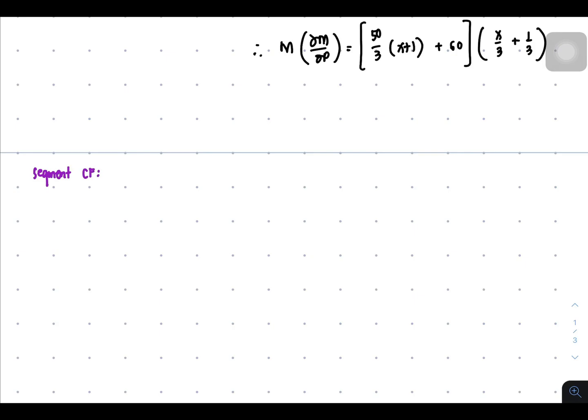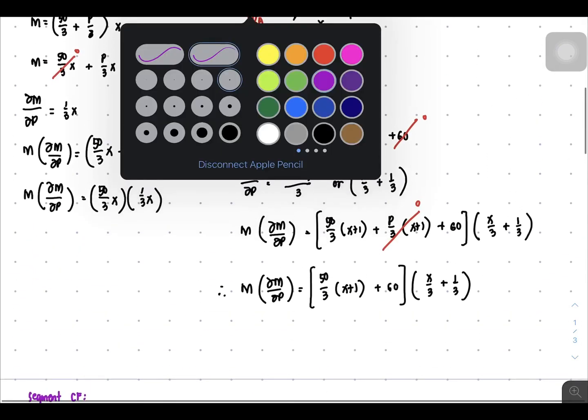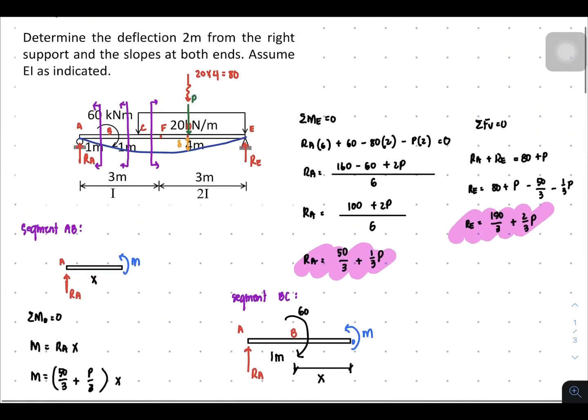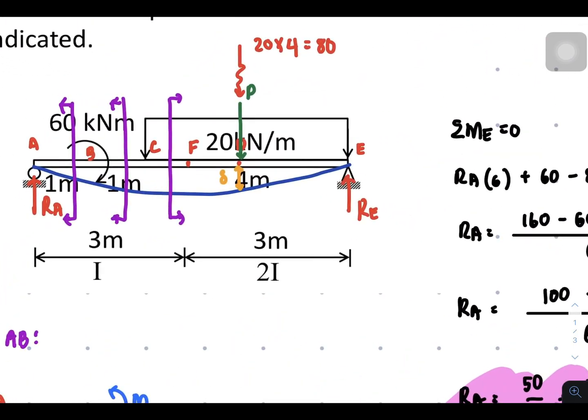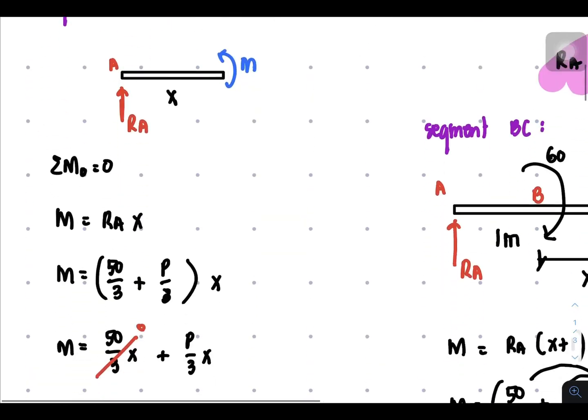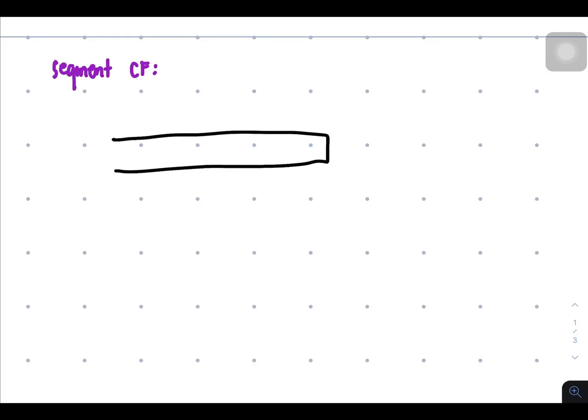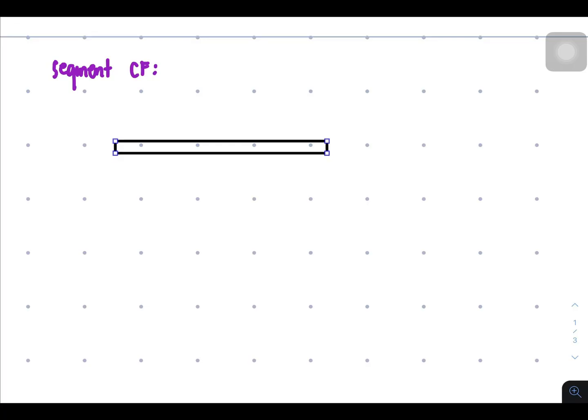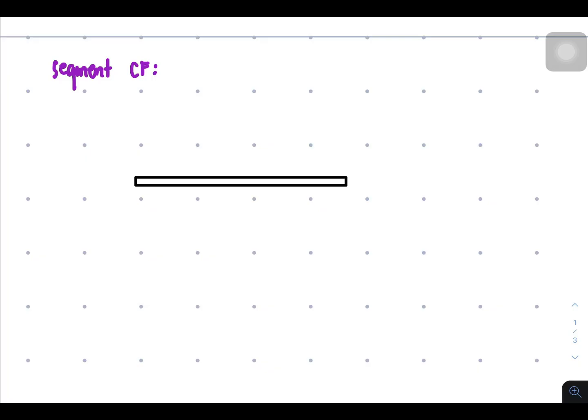C to F. So with that, let us draw. So let us draw everything here. Okay. I'll just draw the beam or the section, and then I'll place the loading.